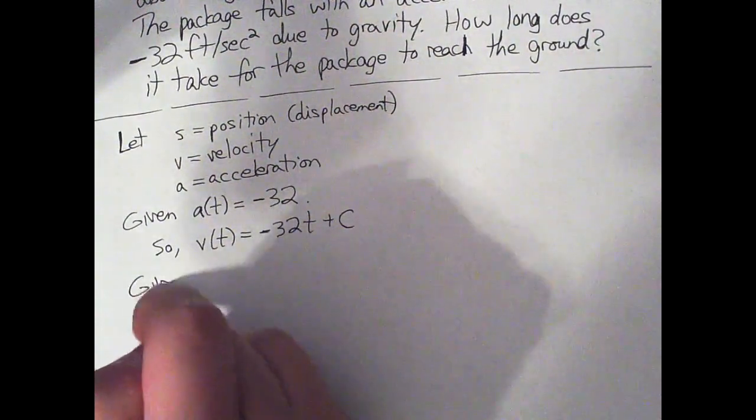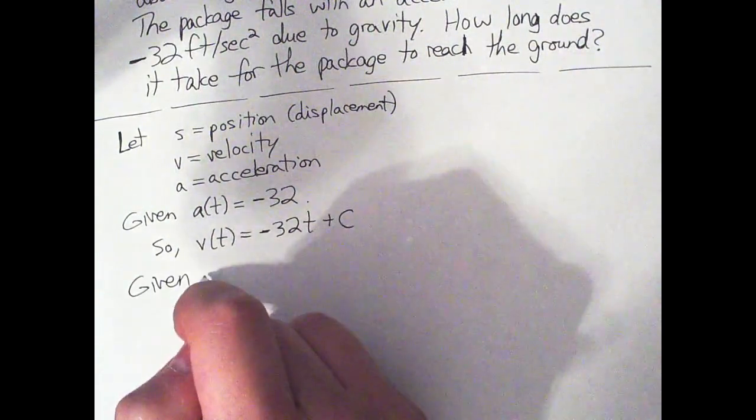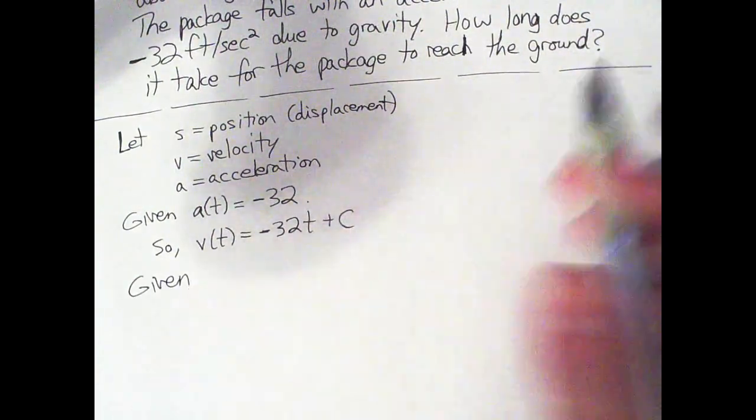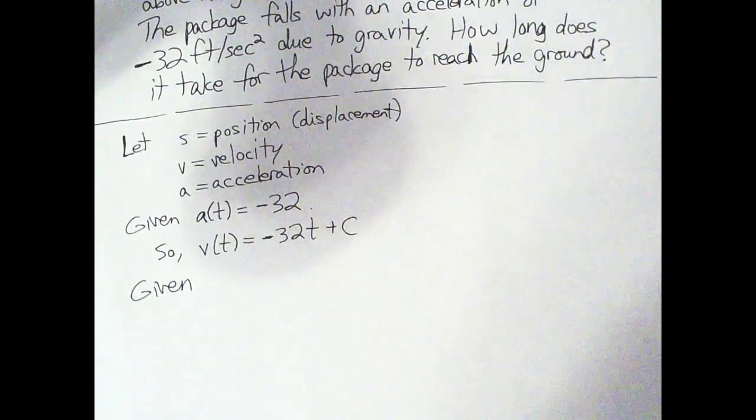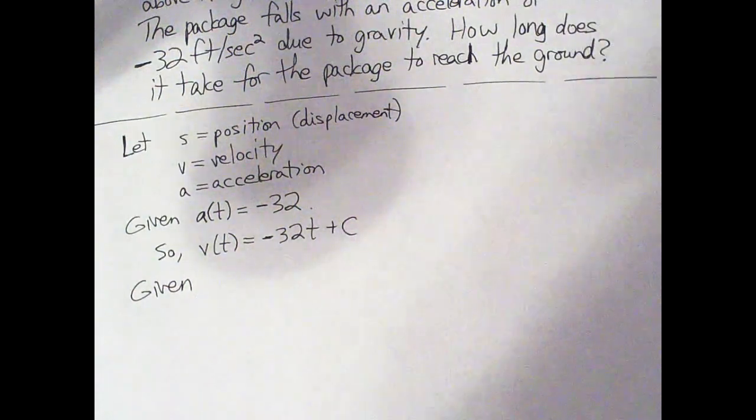Now, what else are we given? I said I was going to start at the bottom of the diagram and work my way up. We're given something about velocity, right? It says that the balloon is ascending at a velocity of 12 feet per second, and that would be at the moment when the package is dropped.